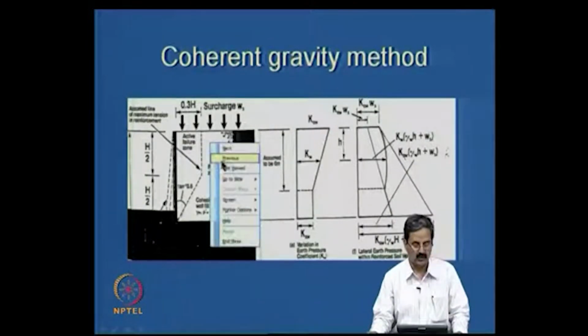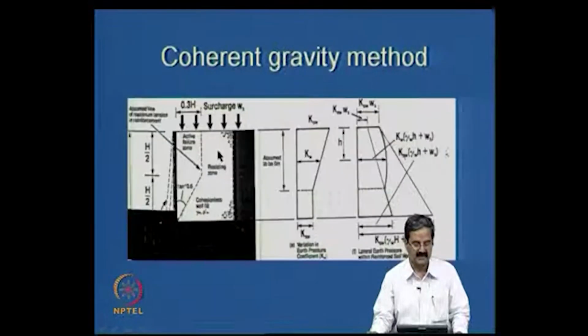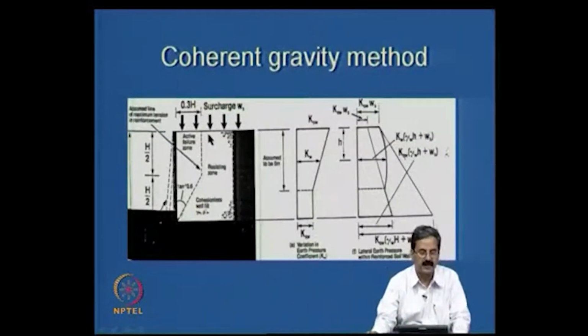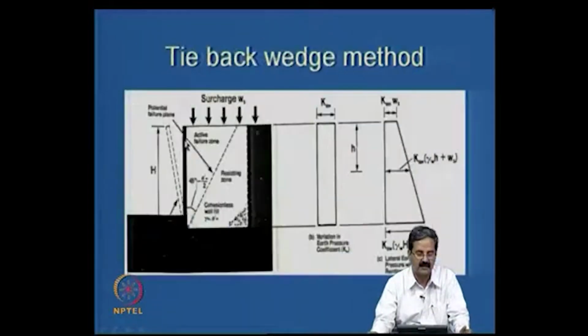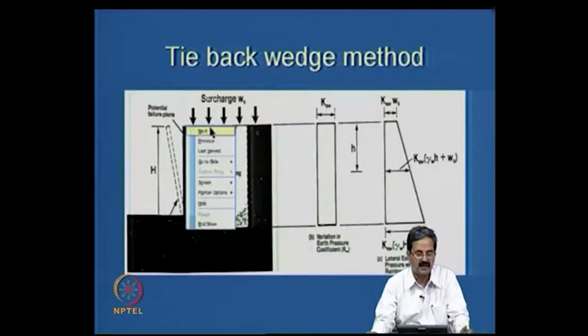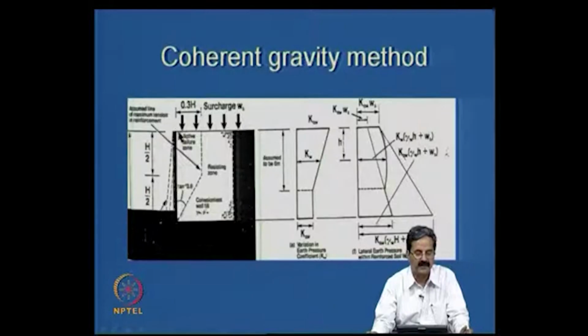I should only go for the previous distribution. In this distribution, what people have observed is that it also rotates about this point. In the other case, it was somewhat reverse. You can see in the previous case, the rotation is about the toe, whereas here the rotation is at the top. So that's the assumption that they have.